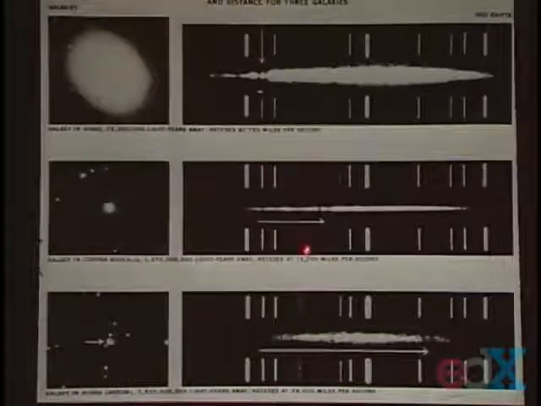So the speed is also about 20 times higher, of course, because there's a linear relationship. And if you look at this one, which is even further away, then notice that these lines have shifted even more.